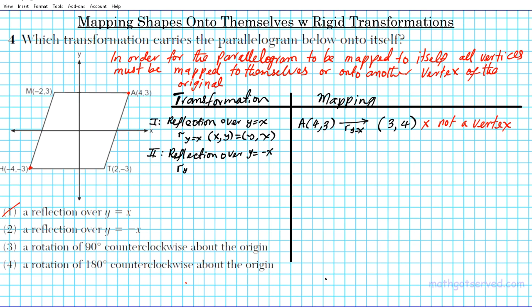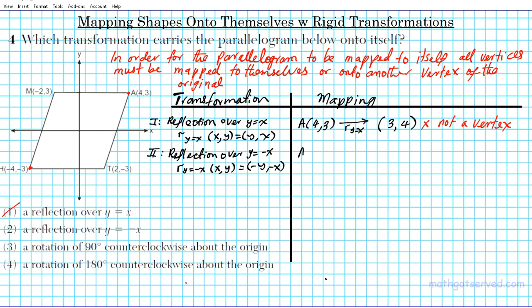For the reflection over y equals negative x, if you have a point xy and you apply this transformation, it not only switches the coordinates, but it negates them also. So negative y, negative x is what you get when you reflect a point about the y equals negative x line. So let's test it out and see.